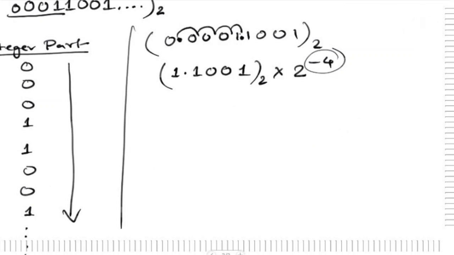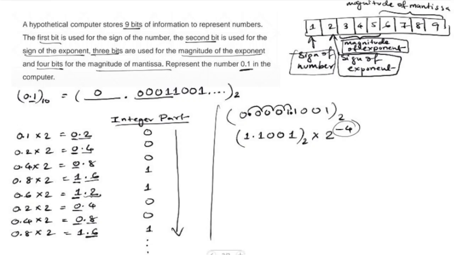This is base 10, right? So we have to make this base 2 also. So let's convert minus 4 to binary.